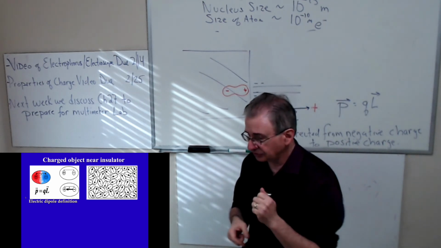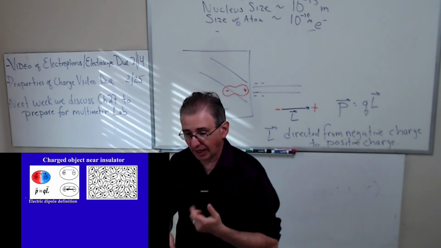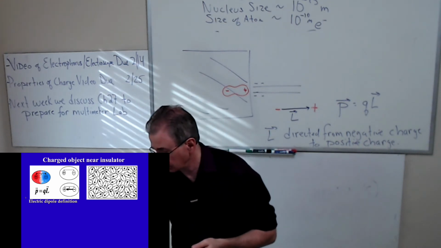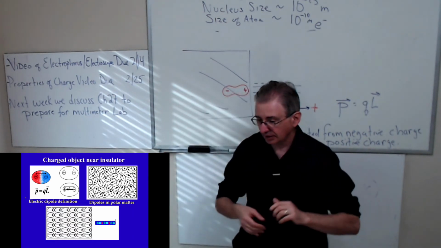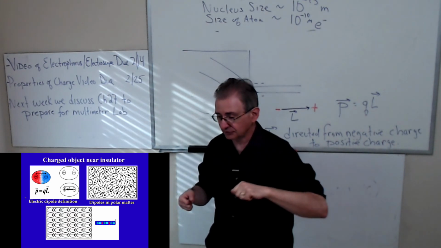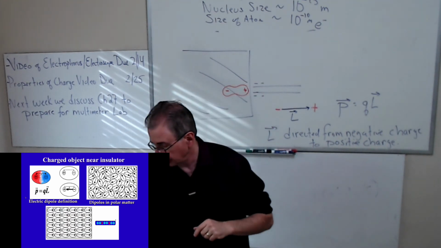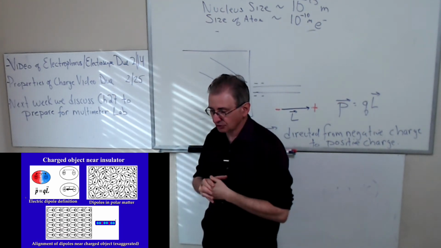If I take a charged rod and bring it near the polarized material, then the dipoles will tend to align themselves towards that charged rod. Now, the picture I'm showing you is exaggerated.